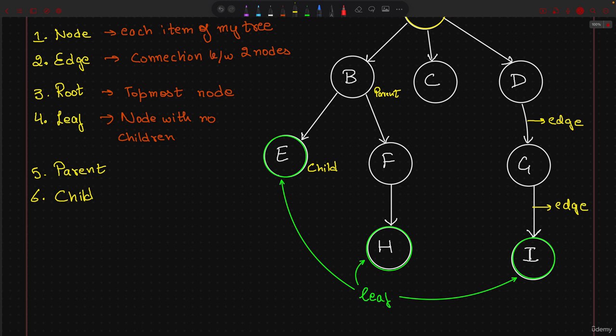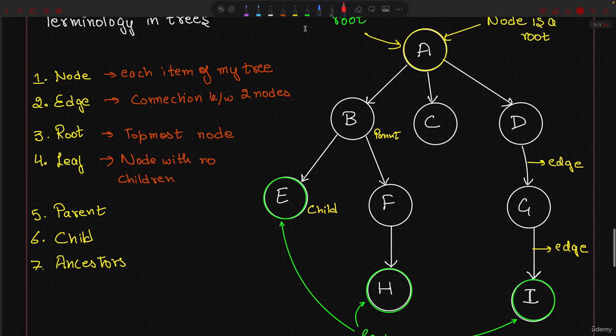Now, a few more. We can understand about ancestors. Again, this is coming from the family tree use case. So everything which is above, let's say for E, B and A are its ancestors, right? These are ancestors overall, right, everyone?